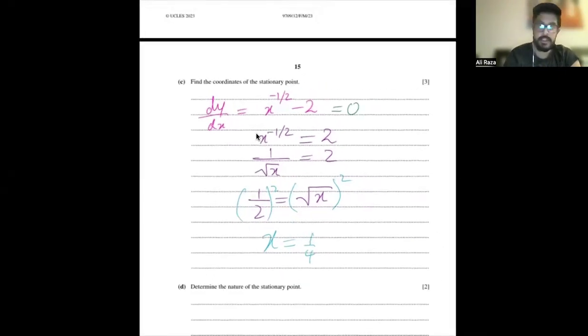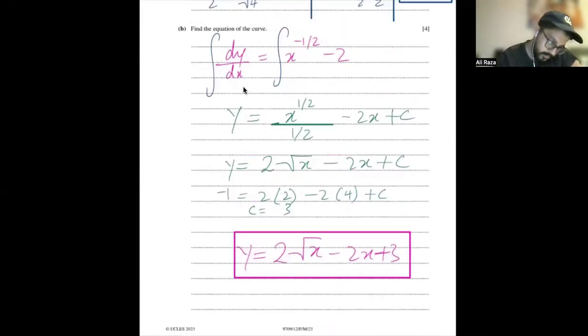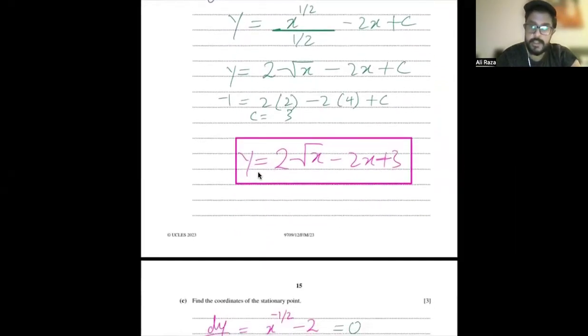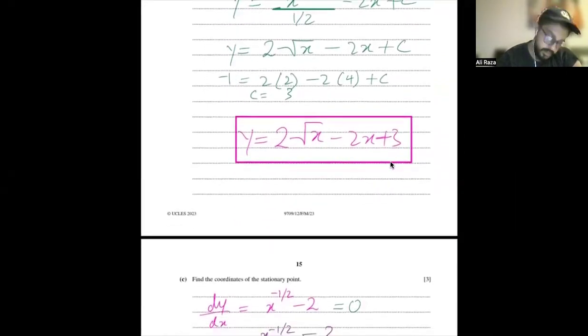And since the question is asking us for the coordinates, we'll also need the y value. So we'll plug in x is equal to 1 over 4 in this equation to get the y coordinate.